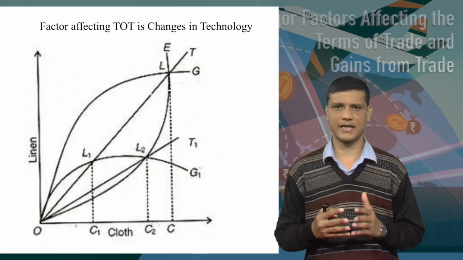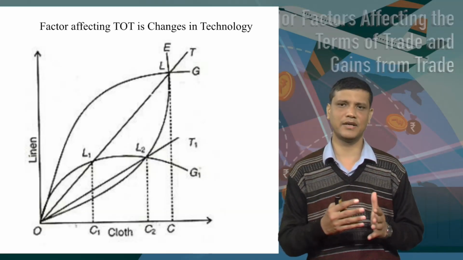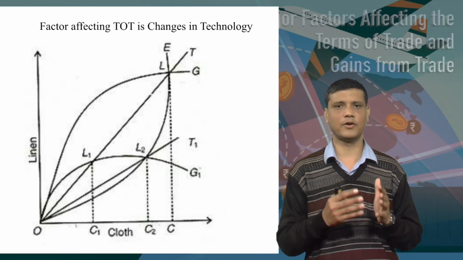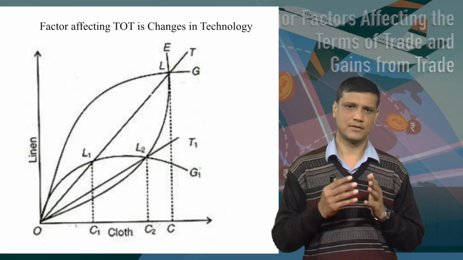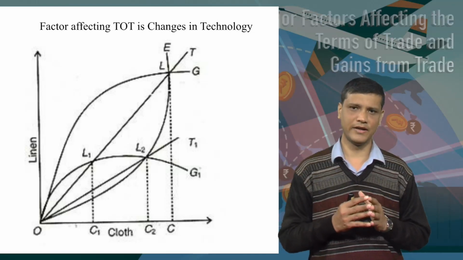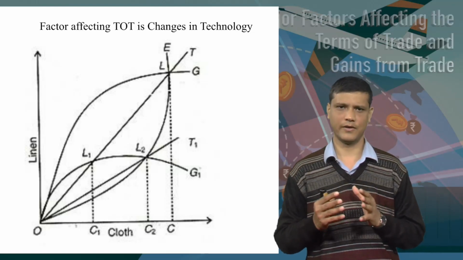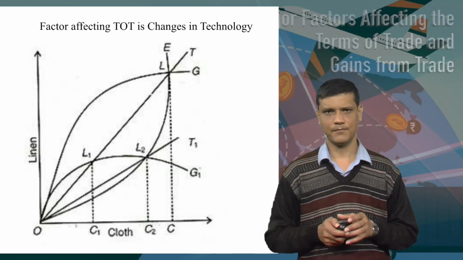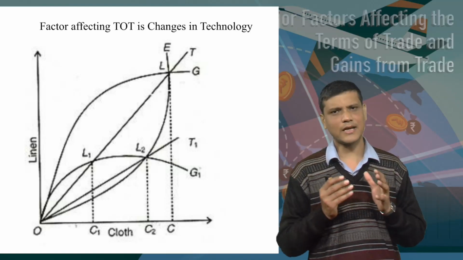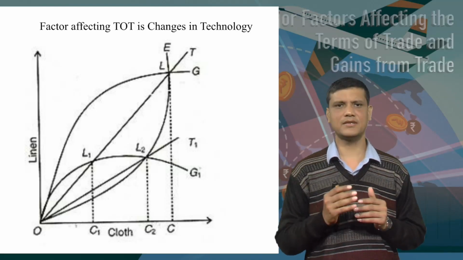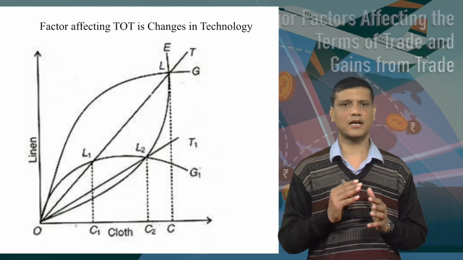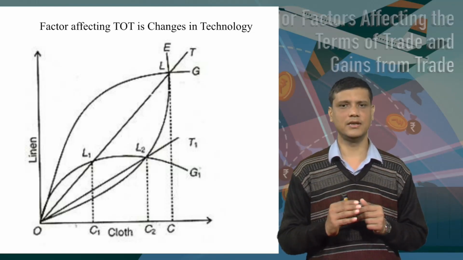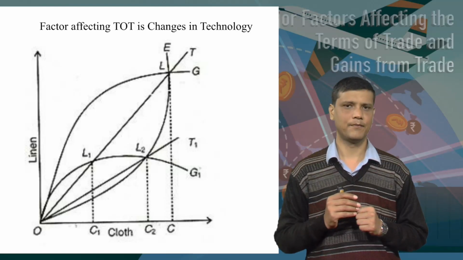Before technological change, the terms of trade between Germany and England are settled at point L on the OT ray, where Germany exports CL of linen for OC of English cloth. With technological change, Germany's new offer curve is OZ1, which cuts the terms of trade line OT at L1.